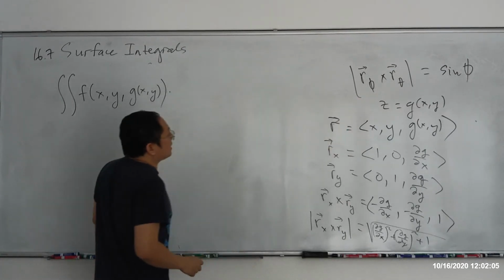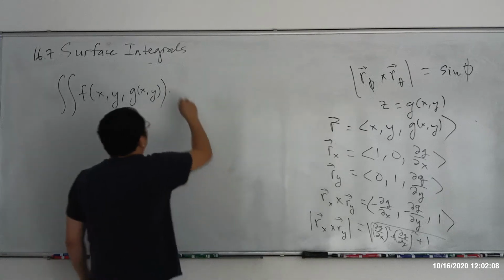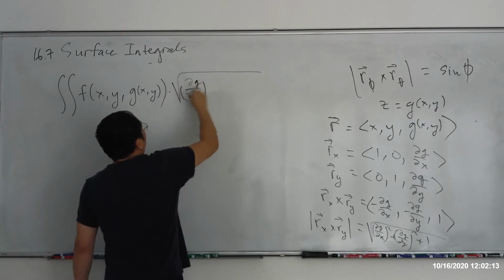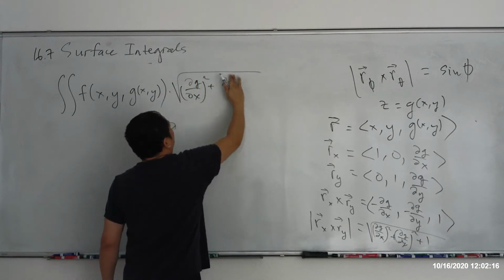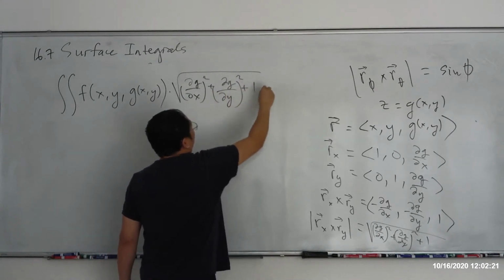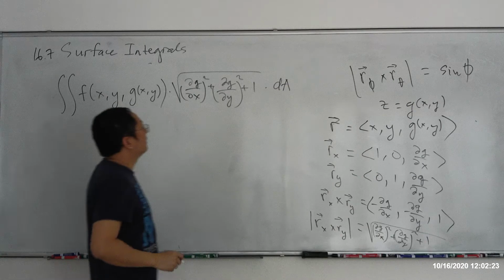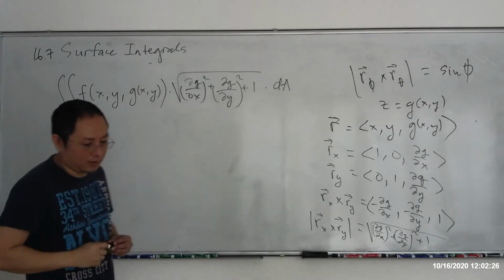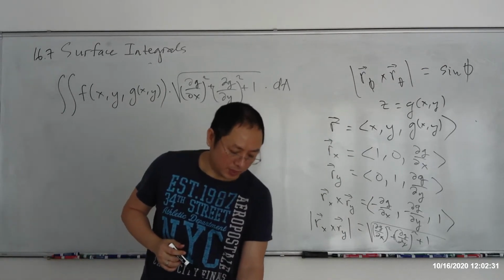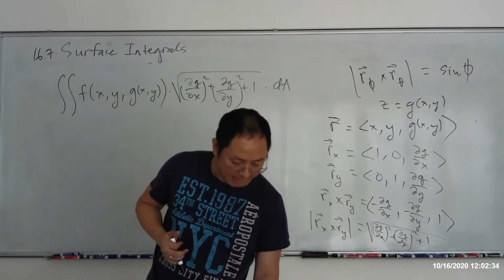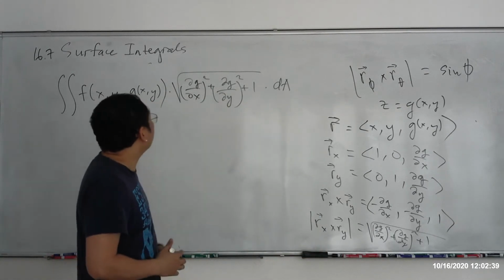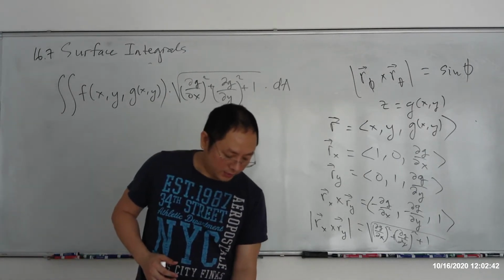What is dS now? dS is the square root of (dg over dx) squared plus (dg over dy) squared plus 1, and then dA. dA is dx dy. All right, just a special formula. And if you have a function, say z equal to xy, then this should be more straightforward for you guys to get to the answer.